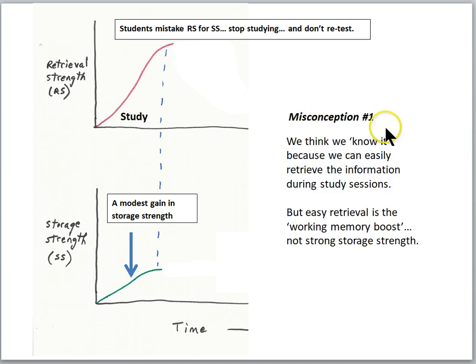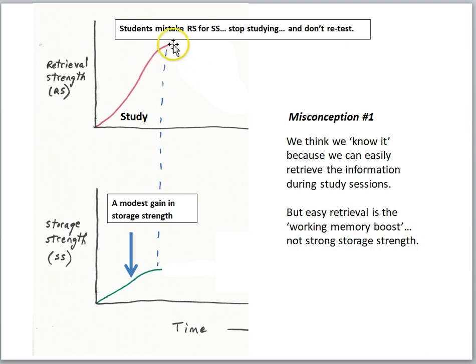So misconception 1, we think we know it because we can easily retrieve the information during the study sessions. Well, that's because we're enjoying high retrieval strength. But easy retrieval is the working memory boost, not strong storage strength. So you see, there's an illusion here.